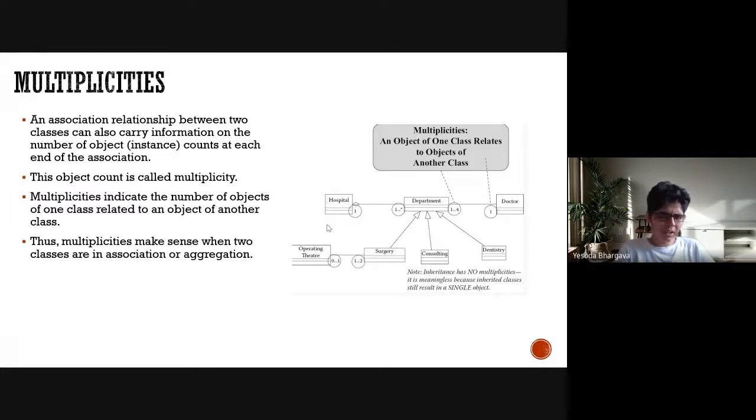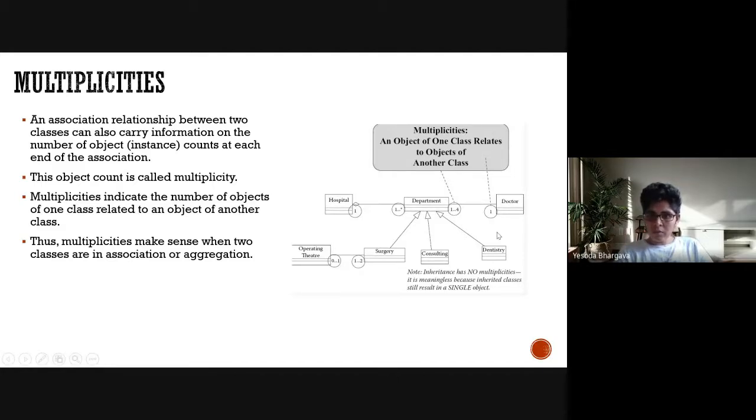In a hospital there can be many departments, reasonably true, and each department is associated with one hospital. Even though in our interpretation we are using the word association, when it comes down to implementation and you look at the aggregation relationship, you will say that in the hospital class, when you declare, there will be an attribute of a department class.